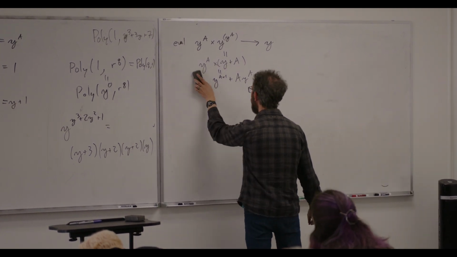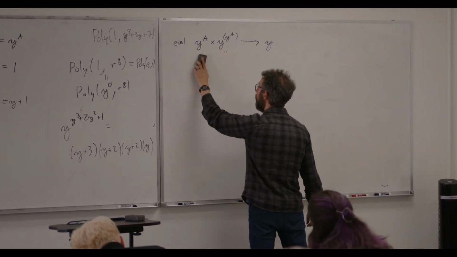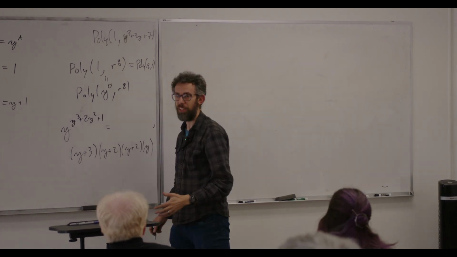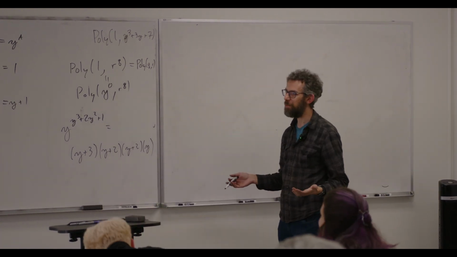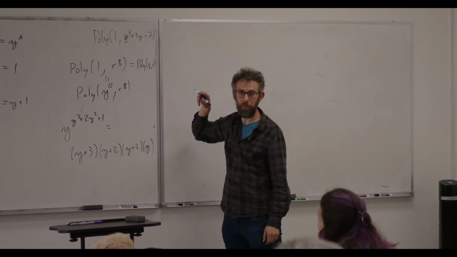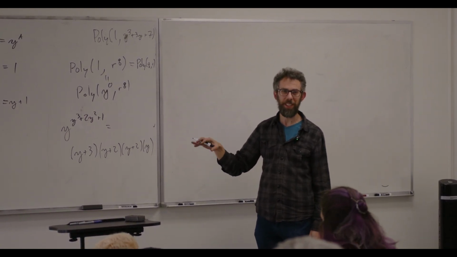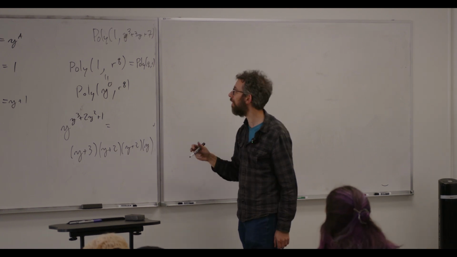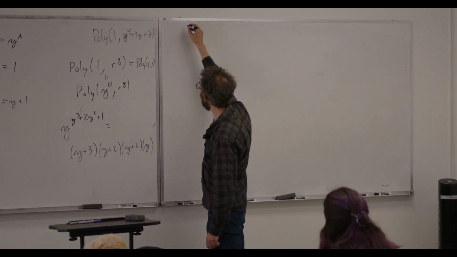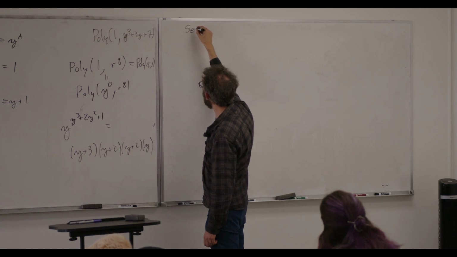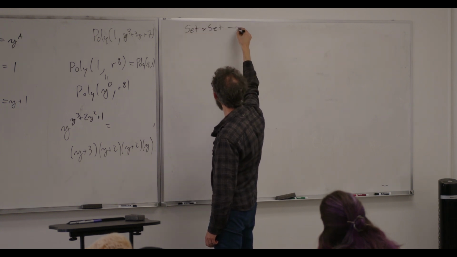I say there's infinitely many monoidal structures on set, but I'm not saying that there are infinitely many interesting ones. I'll tell you an infinite class so that I can discharge my promise. There are all these maps from set times set to set.